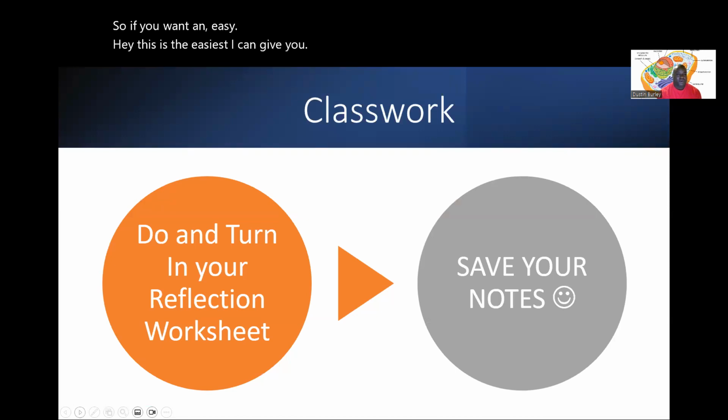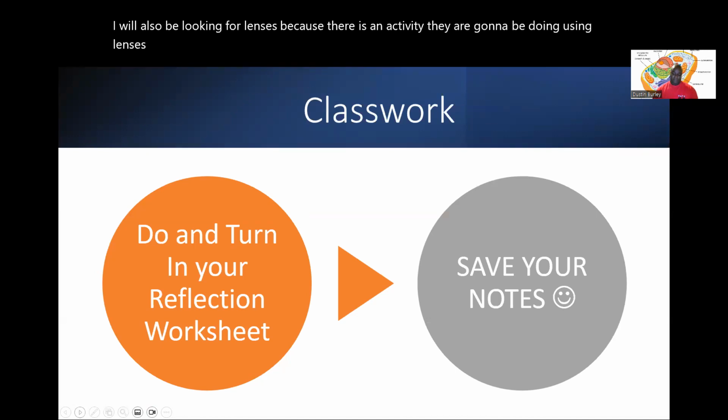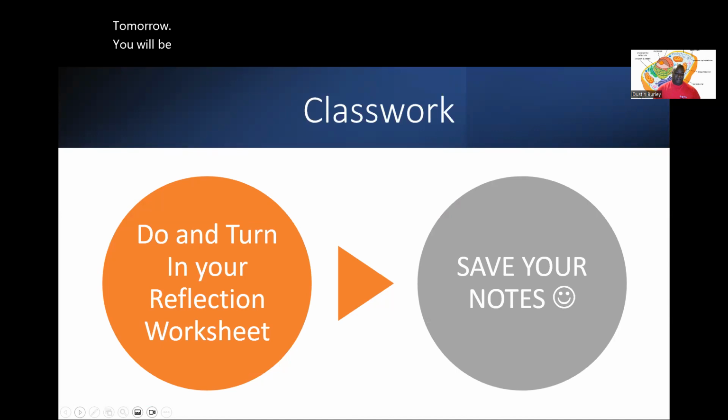I will also be looking for lenses because there's an activity that y'all are going to be doing using lenses. So hopefully y'all will be doing that tomorrow. You will be finishing the rest of this slideshow tomorrow because you will be talking about cell theory.